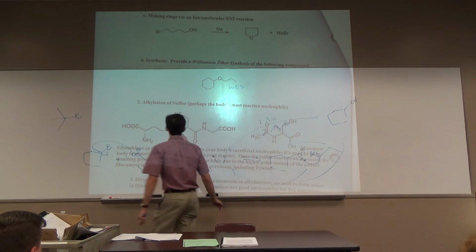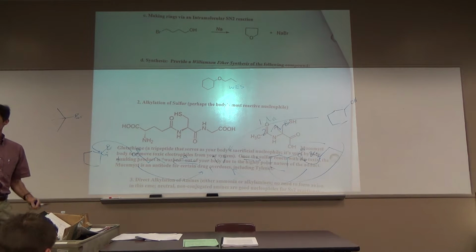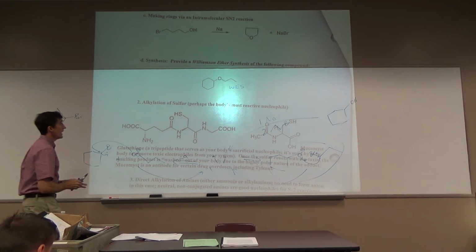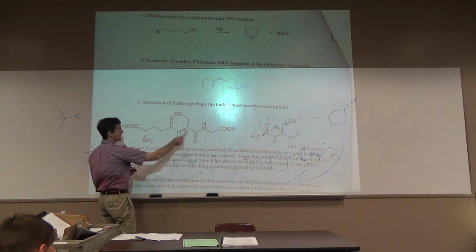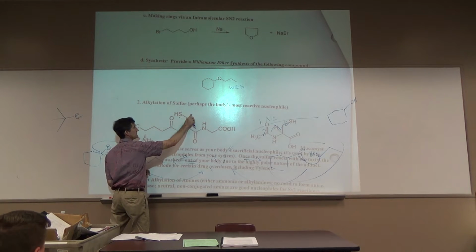Alkylation of sulfur. Because up top we were doing alkylation of oxygen. Well, sulfur, I often mention it here because it's relevant to the body. Your body uses sulfur for a variety of things instead of oxygen. Sulfur being right below oxygen. So it's similar bonding and all, but it's a better nucleophile because it's a worse parent. Your body uses glutathione as a nucleophile, and the nucleophile is right here.